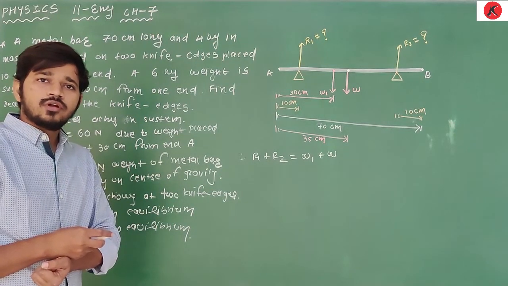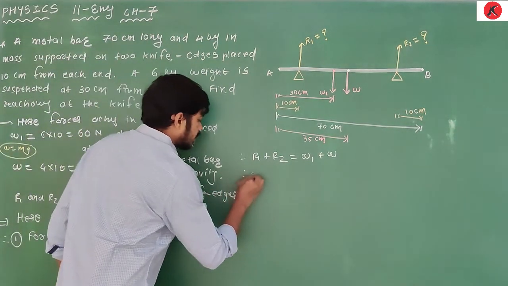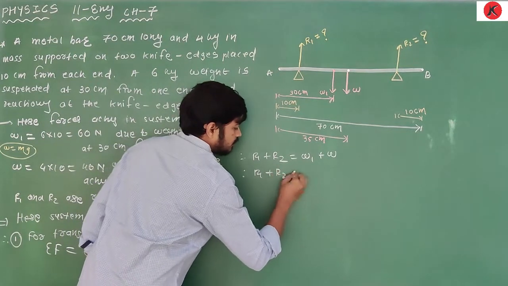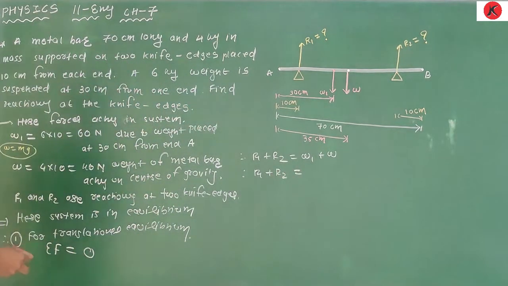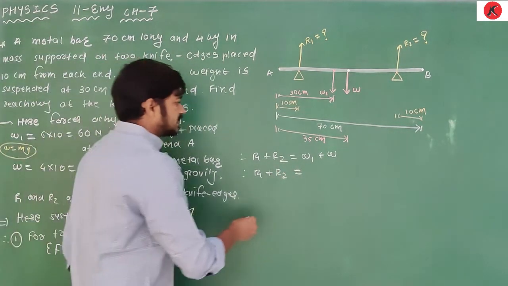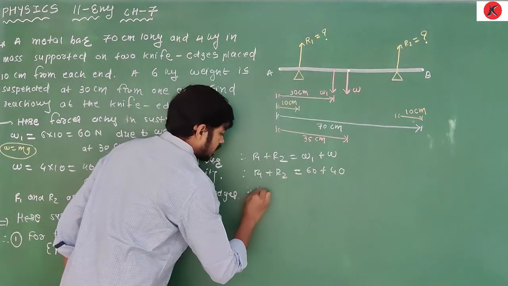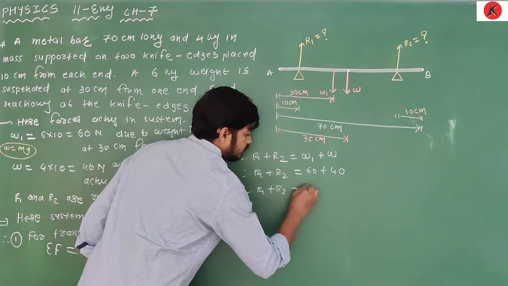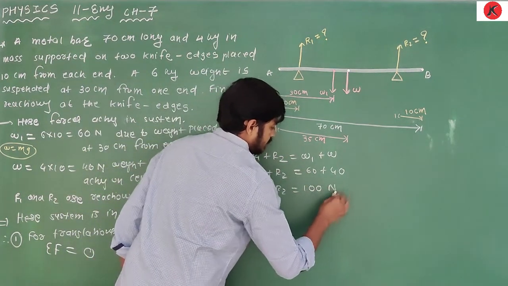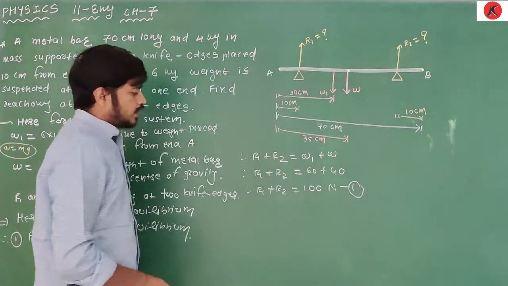Yes or no? So R1 plus R2 is equal to, W1 is 60, while W2 is 40. So R1 plus R2 is 100 Newton. It is equation number 1.